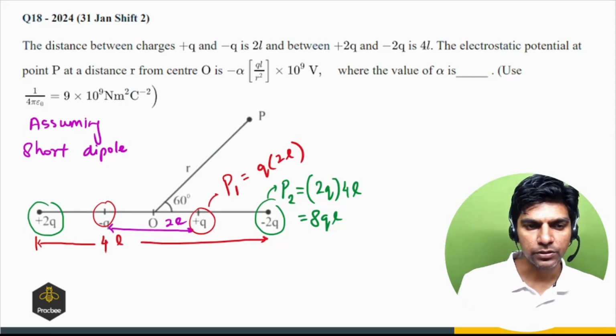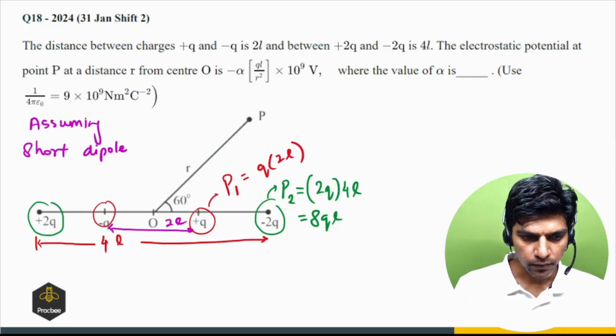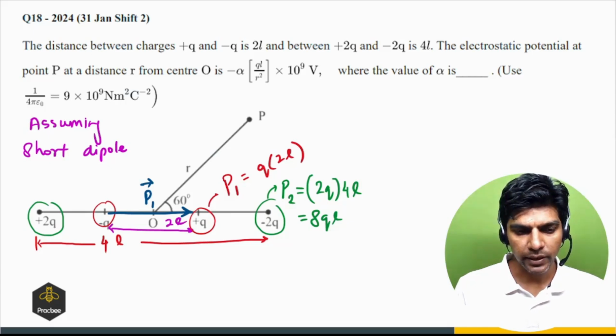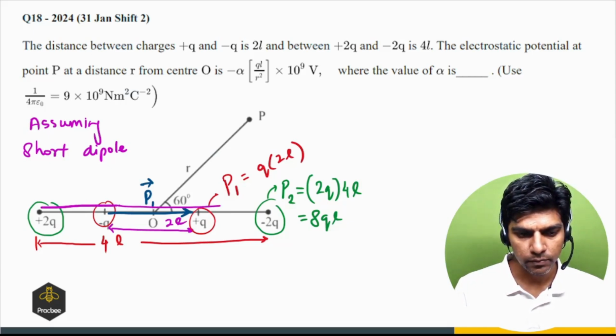Now what is the direction? In this case it will be from left to right, so that is P1 vector. And for plus 2q and minus 2q, the electric dipole moment is in the left direction, from negative to positive charge, so that will be P2.